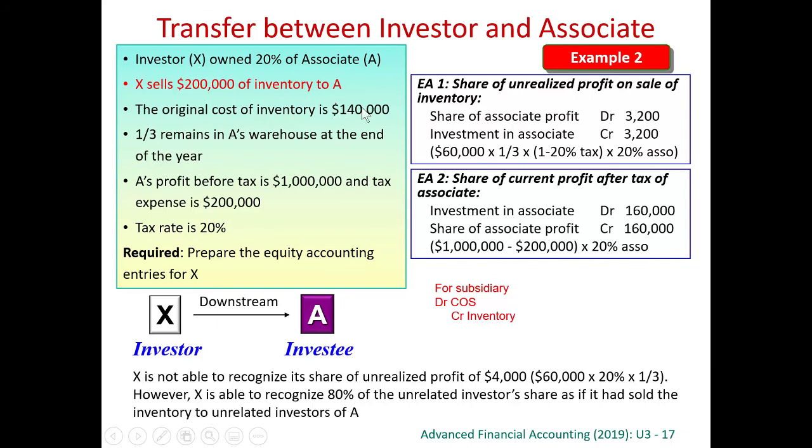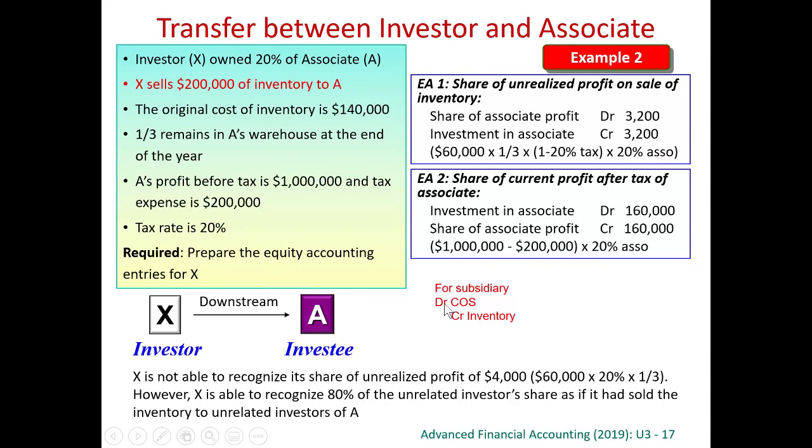It should be 140,000, but we treat it as 200,000 in our warehouse. Potentially it was a 60,000 overstatement of inventory, but only 1/3 remains. The other 2/3 has been sold. So out of this 60,000 potential overstatement, only 1/3 remained, and we account for it after tax, and we share only 20%.